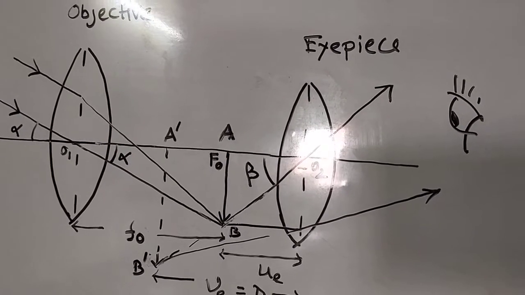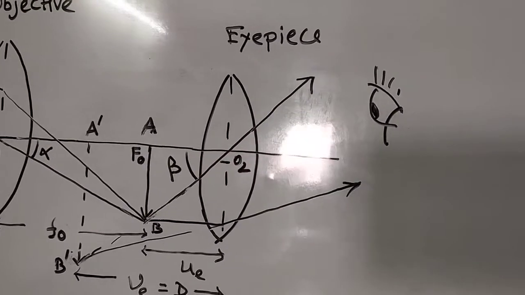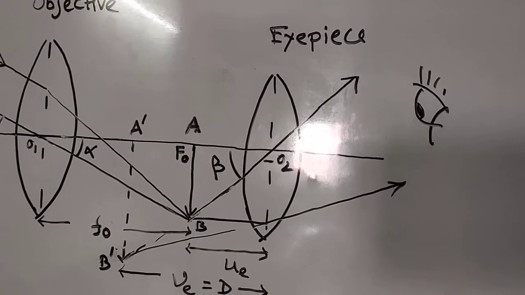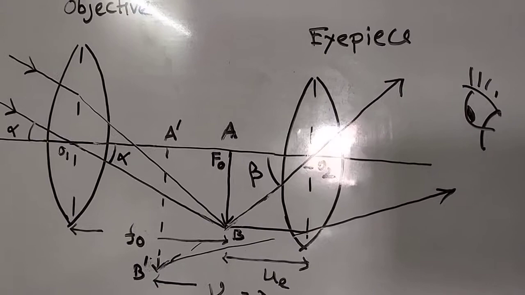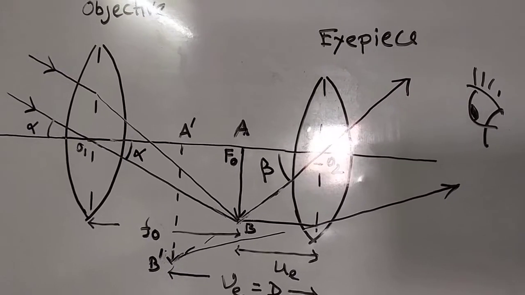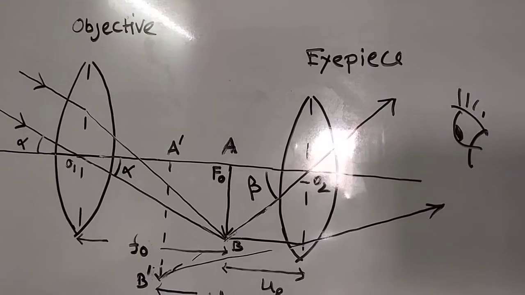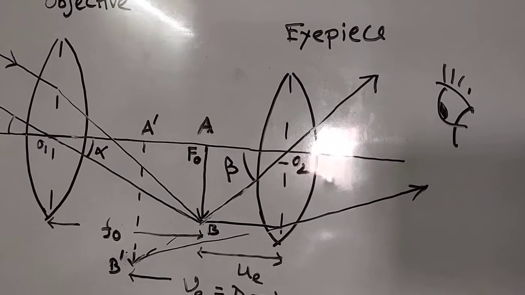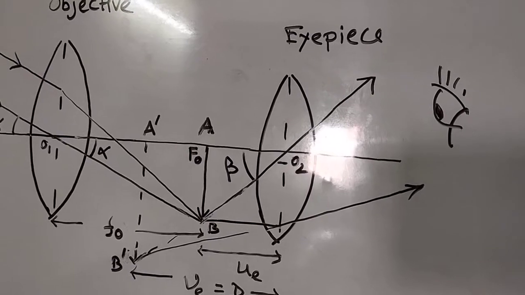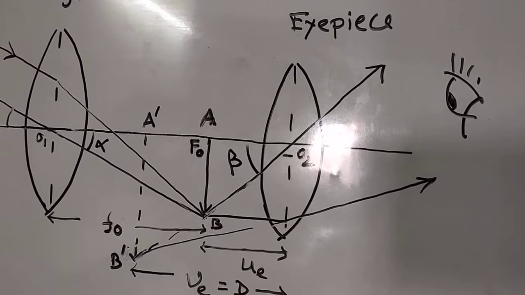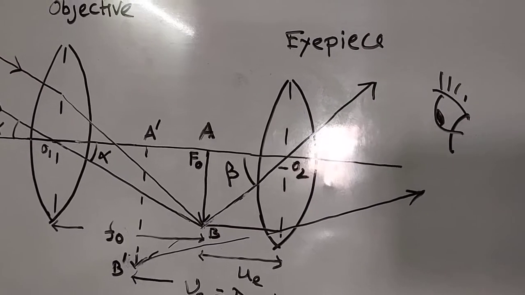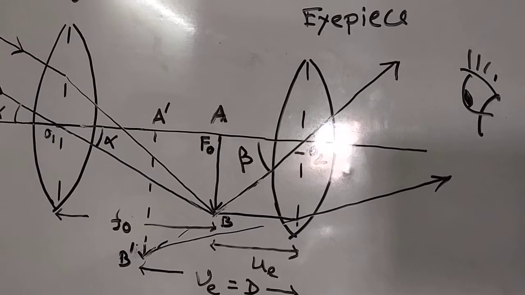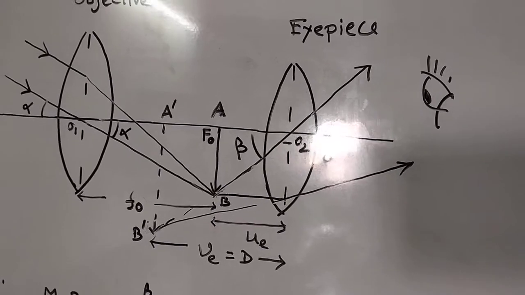Now that image AB acts as an object for the eyepiece. As the object is at infinity, the image is formed at the focus of the objective, that is f0. That object AB is within the focus of the eyepiece, so we get a virtual, erect image.